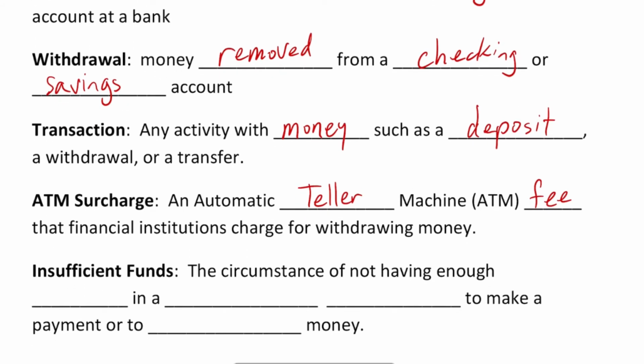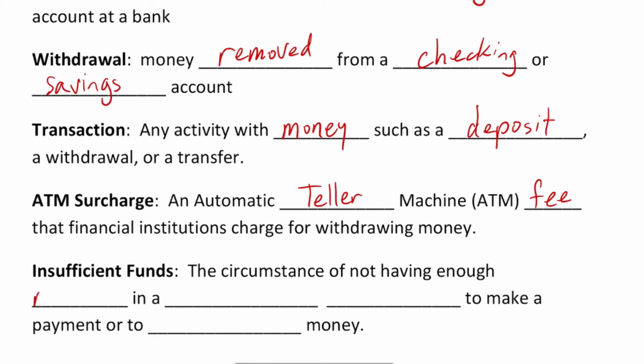Insufficient funds. It's important to understand what that means. I know my root word, sufficient, means enough. So if it's insufficient, that means I do not have enough. And funds means money. So it means I don't have enough money.